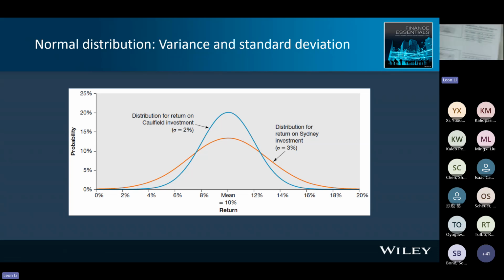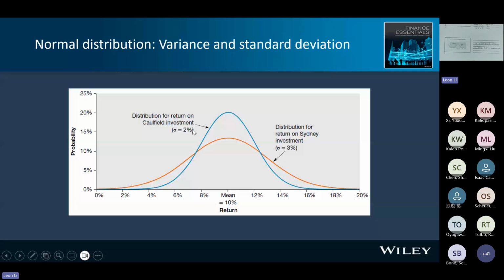So overall, you can have this conclusion: higher standard deviation, higher risk, right? And you can see your distribution will be more divergent. On the other hand, low standard deviation or low risk, your distribution will be more centralized. So we can use the shape of the distribution to identify high risk or low risk.